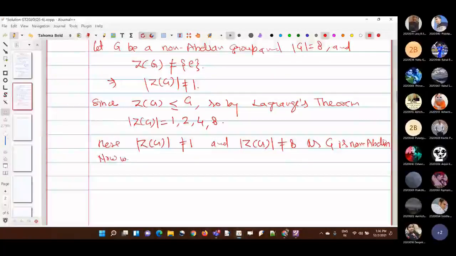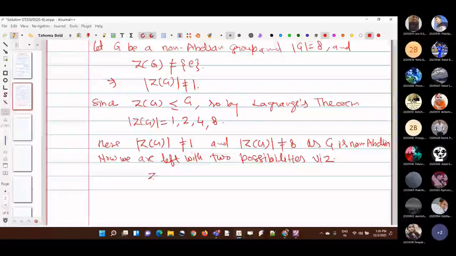So now we are left with two possibilities, namely, the order of the center is either 2 or 4.